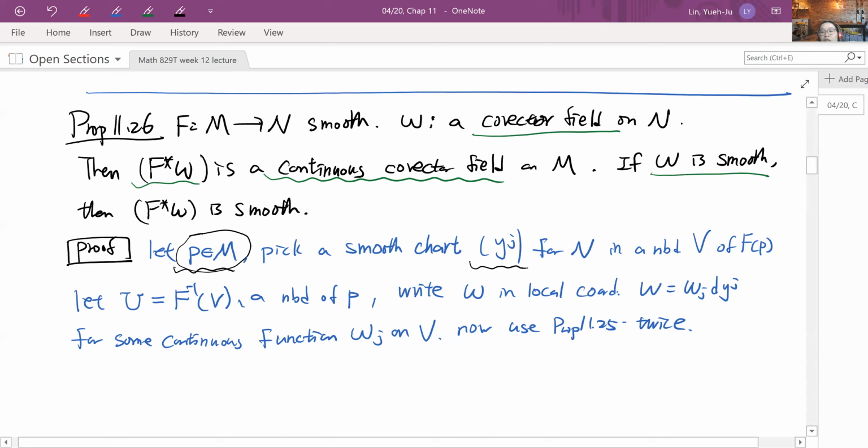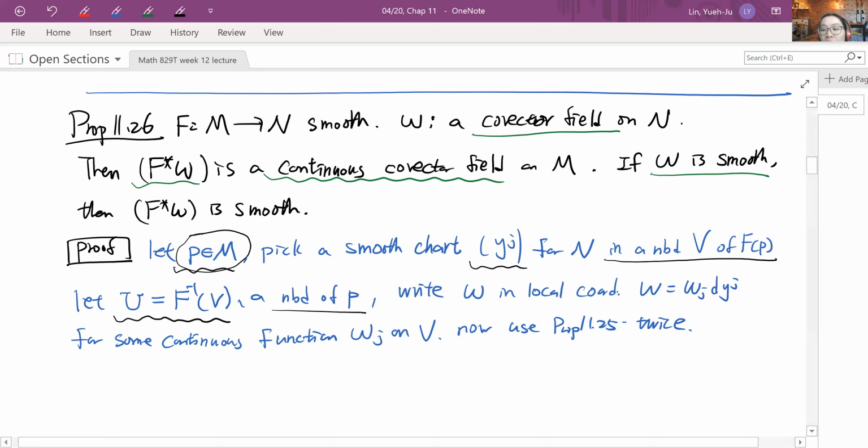This time, because it's in the codomain, I'm going to call the coordinate yj. The smooth chart I pick is in a neighborhood of the corresponding point f of P. And then we use f inverse of V as my open neighborhood, the chart for the neighborhood of P.